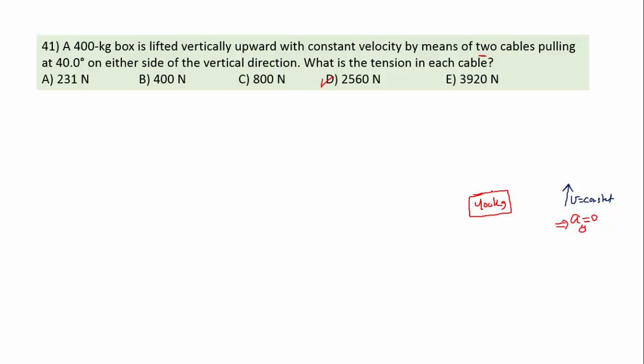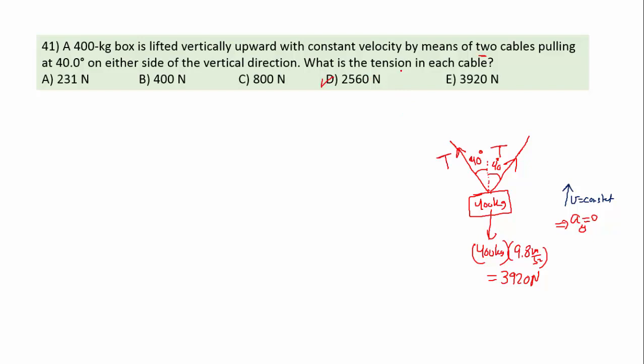If we draw the tension forces, there is a tension force in this direction and in this direction, and the angle with the vertical is 40 degrees. And of course there is the weight downward, which is 400 kilogram times 9.8 meter per second square, which will yield 3,920 Newton. This is the force downward.